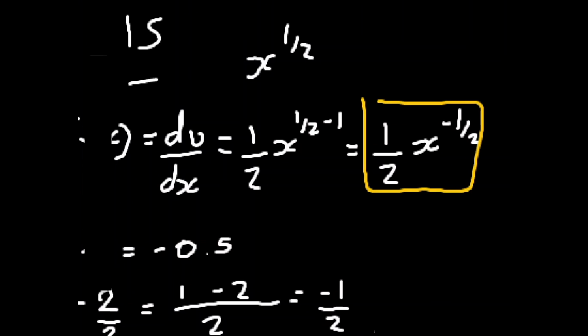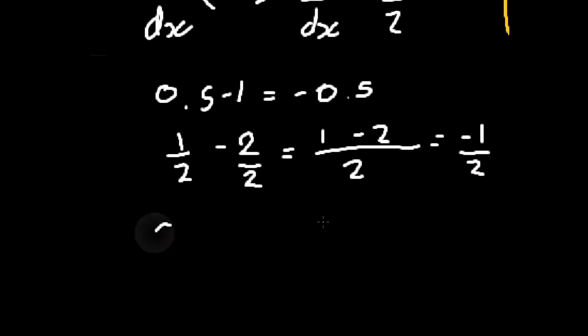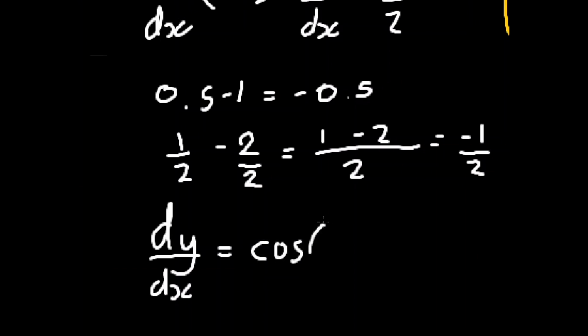Okay, let's put it all together. Finally, dy/dx is equal to cos of the square root of x. So instead of writing u there, we're going to write the square root of x. And then we also have to times by 1/2 x to the minus 1/2. Okay, and let's simplify this.